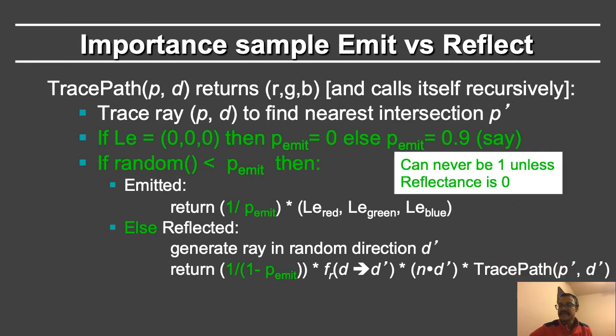Notice that the probability of emission can never be equal to 1. You cannot set this equal to 1 unless you make the assumption that emissive surfaces don't reflect light and you set the reflectance to 0. Otherwise, you always have to give some probability for reflectance.